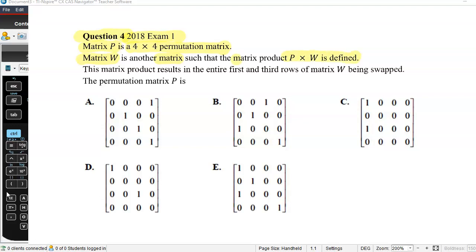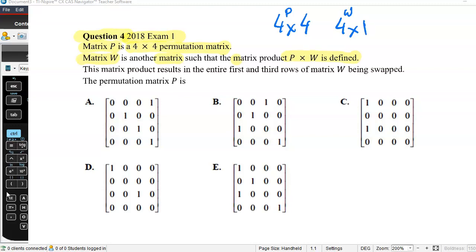That means we can times these two together. So we know matrix P is 4x4. That means that matrix W must be 4 by something. And we might just say 4 by 1.